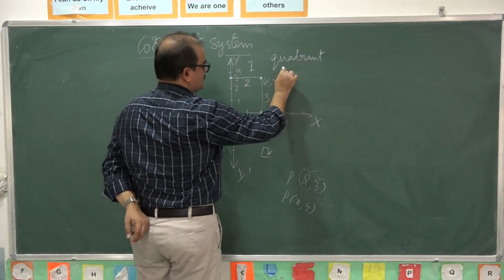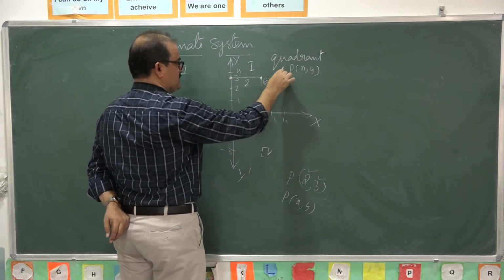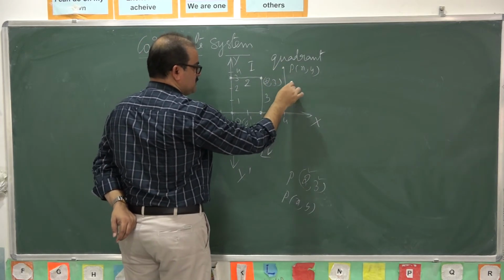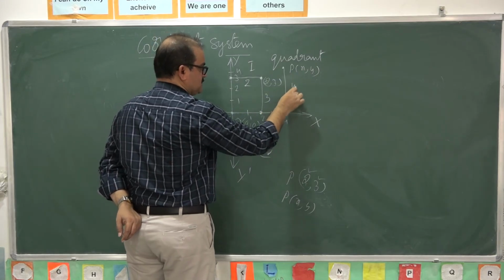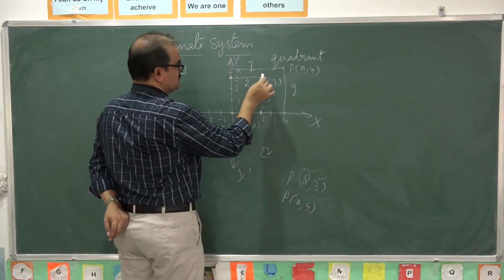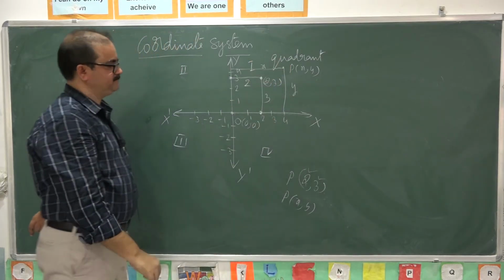Suppose P(x, y) is here. Then what is this distance from x-axis? This is y. What is this distance from y-axis? It is x.